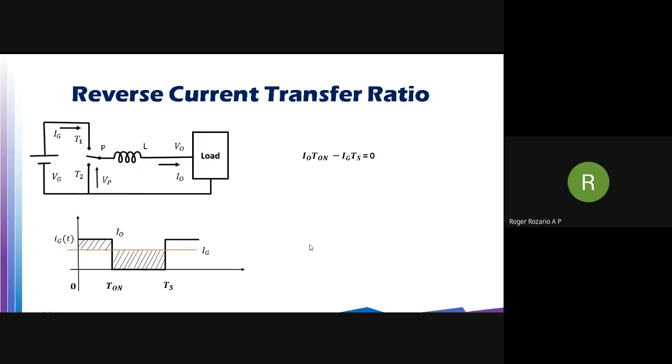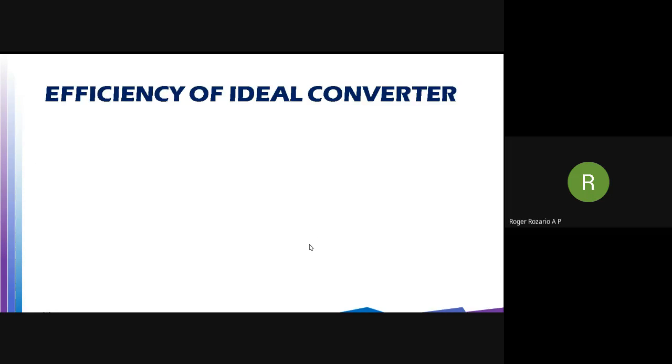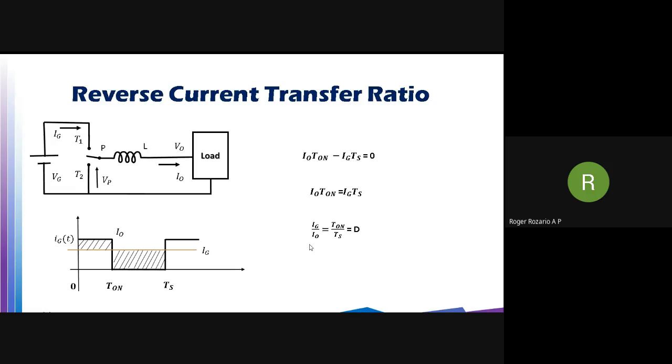So the reverse current conversion ratio was Ig by I0, and that was also found to be equal to D. So how did we arrive at this reverse current transfer ratio? This can be obtained by simply averaging the current waveform Ig of t. What I have shown here for one cycle, the average current of Ig of t is given by the red line Ig.